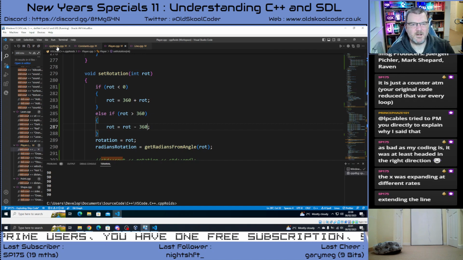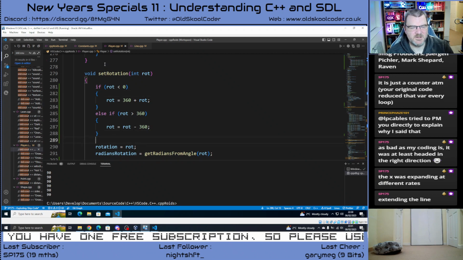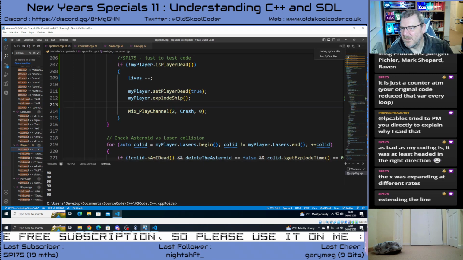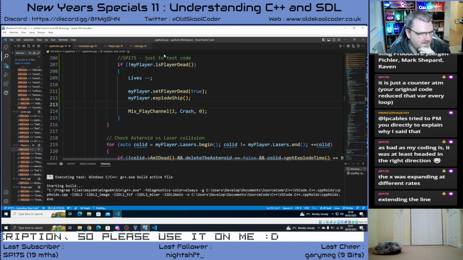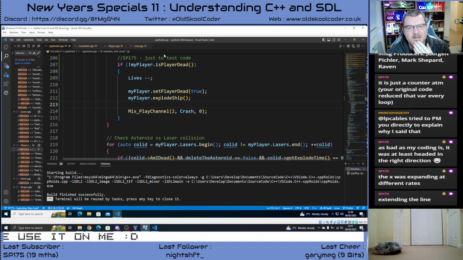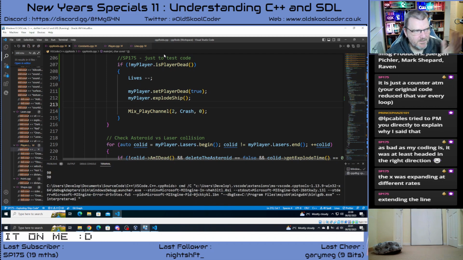Right. Okay. So I'm just taking rotation out just to make sure that's not screwing it up. Let's do, right, extending the line. Yes, I know it's extending the lines. I'm just trying to make sure rotation's right, yeah?